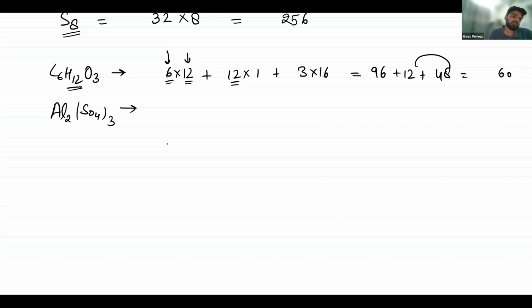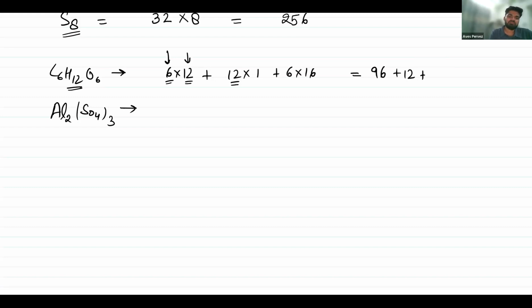Here the formula of glucose is C6H12O6, so write 6 for oxygen. 6 into 12 is 72. Why 12?